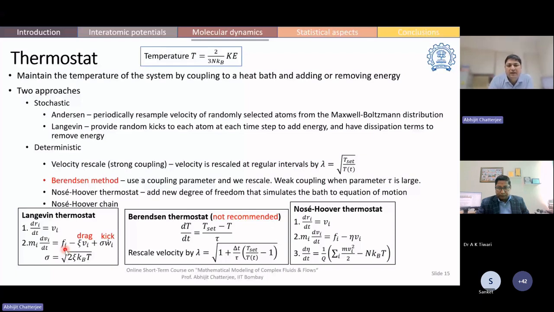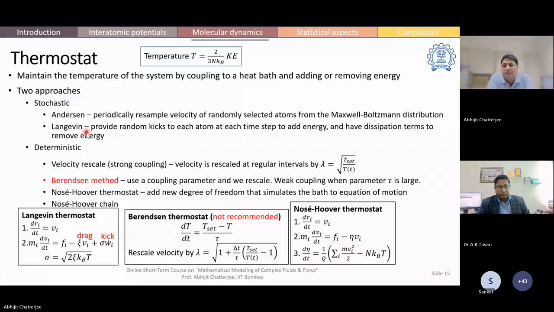Right? And typically one only specifies the friction parameter, and usually the sigma parameter can be determined from the friction parameter.